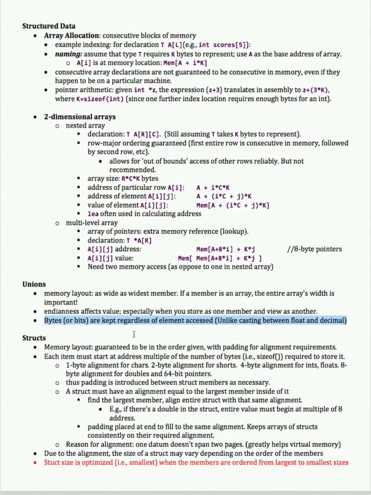We have also learned structs, right? Where the order of the members of the struct was guaranteed to be kept in the physical memory space, but with padding for alignment requirements. Right?